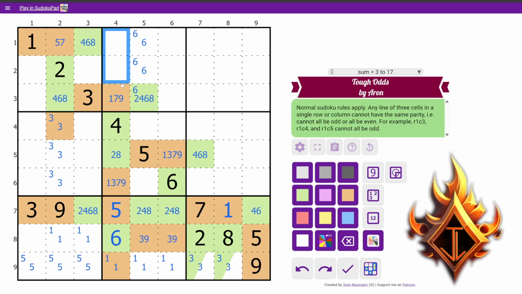Same for this box. If this one is even, then both of these are odd. So that is odd. Now this is even. Now this is odd. This is even. This is odd.